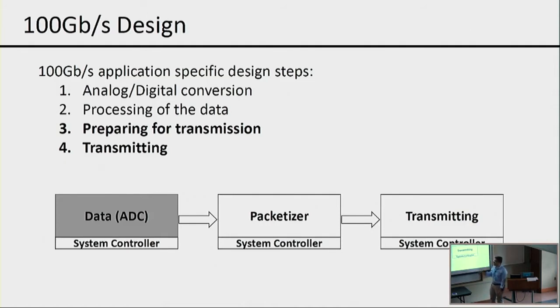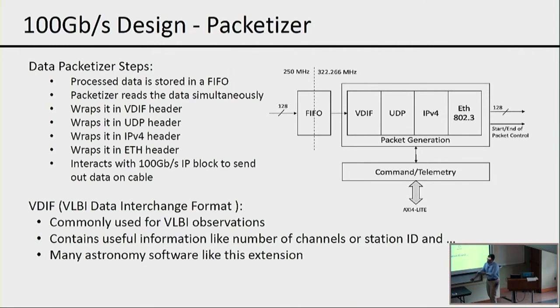Each part of the design has a system controller so that you can configure the system. The data that we want to transmit is first put in the FIFO, or first in, first out buffer. As the data is being put in the buffer, the packetizer will read the data from the buffer and first wrap it in a VDIF header. Why VDIF?